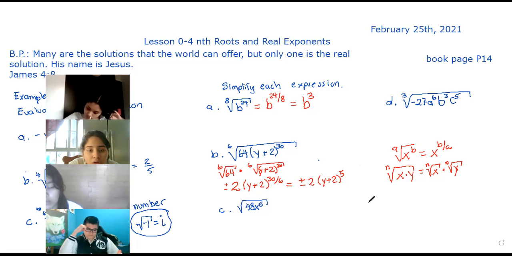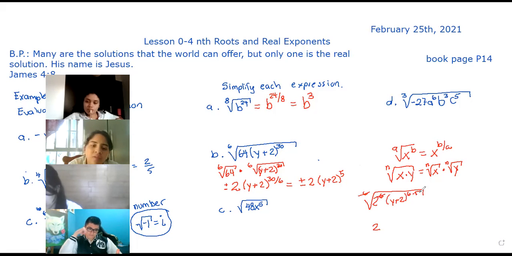You wrote it like this: 2 to the power of 6 and (y plus 2), and this is 6 times 5. So you cancel this one with this one, and you are left with just (y plus 2) to the power of 5. Exactly the answer that we got. So it doesn't matter, at the end the answer is the same. It doesn't matter the method.